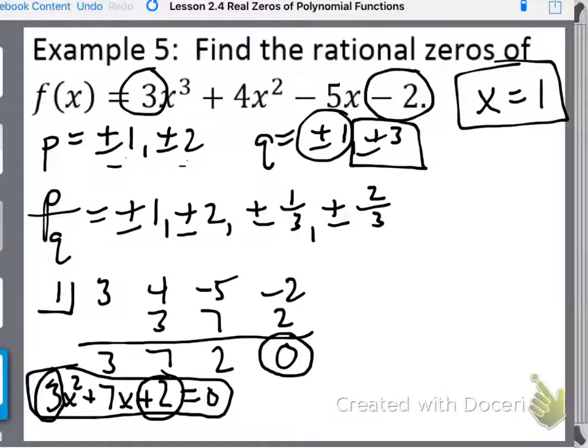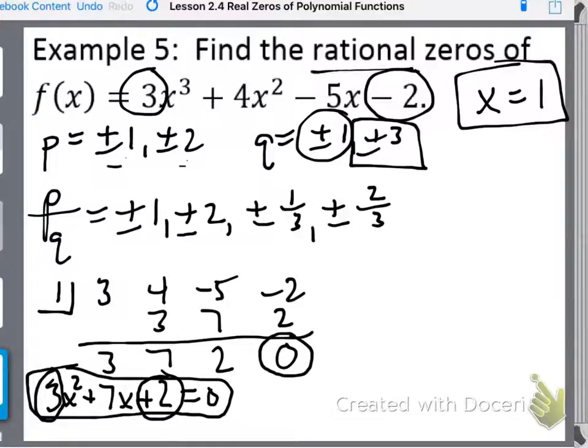Okay? So there's a couple ways you could go from here. Once it's a quadratic, you could factor it. You could use the quadratic formula, okay? However you want to go about it. Or you could do synthetic division again, okay? It's completely up to you. But I will tell you that probably your best bet is to either factor or use the quadratic formula, okay?